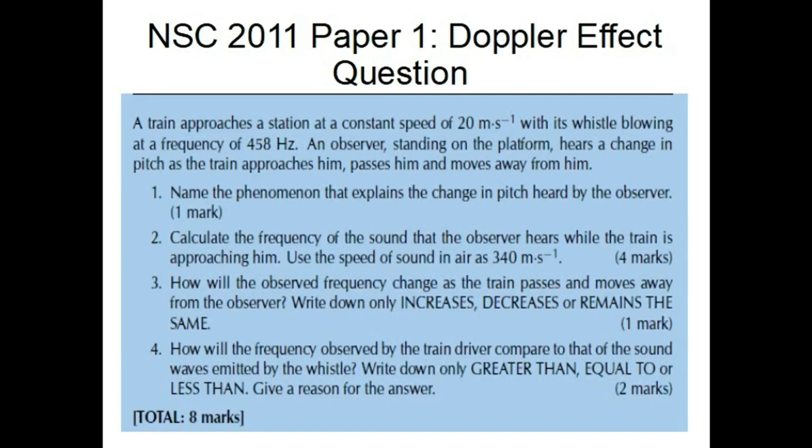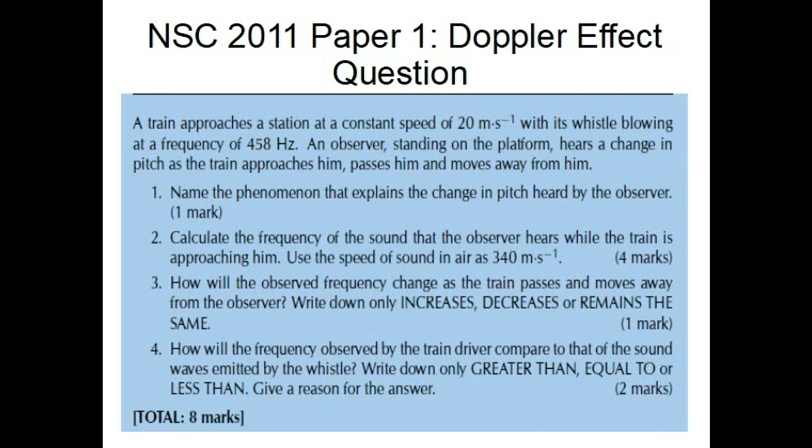Now let's have a look at question 3. How will the observed frequency change as the train passes and moves away from the observer? Write down only increases, decreases, or remains the same. Well, he hears the sound of the train whistle at the higher frequency when the train is approaching him.